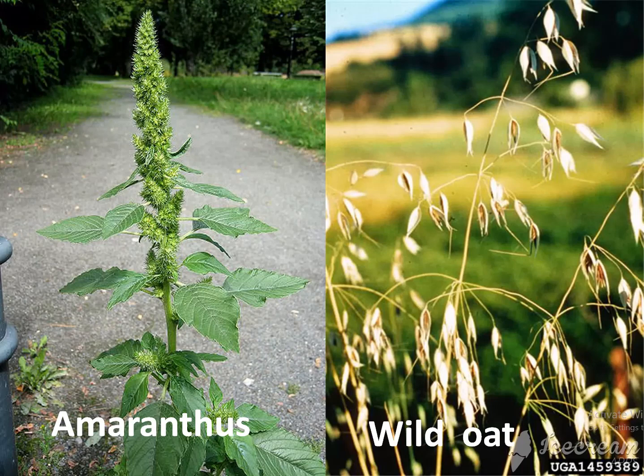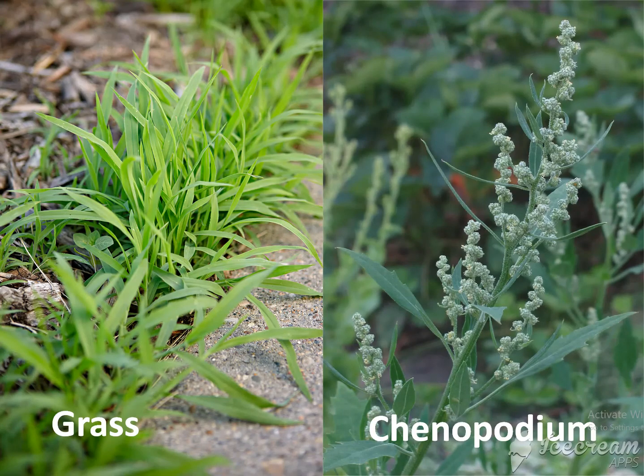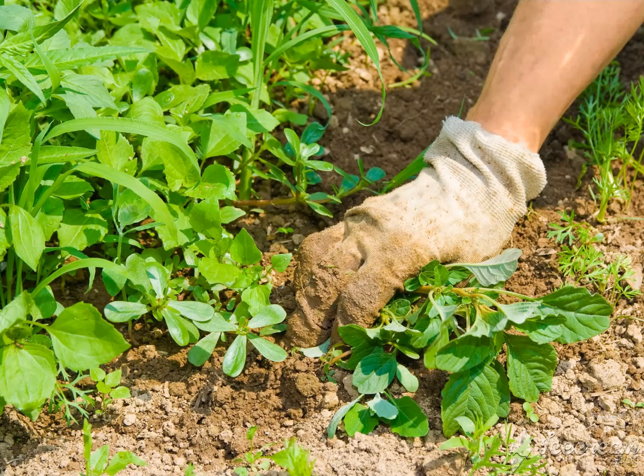For example, these are the examples of weeds: amaranthus, wild oat, grass, chenopodium. They grow in between the crops and destroy them. So these weeds must be removed, because if we do not remove the weeds, what will happen?